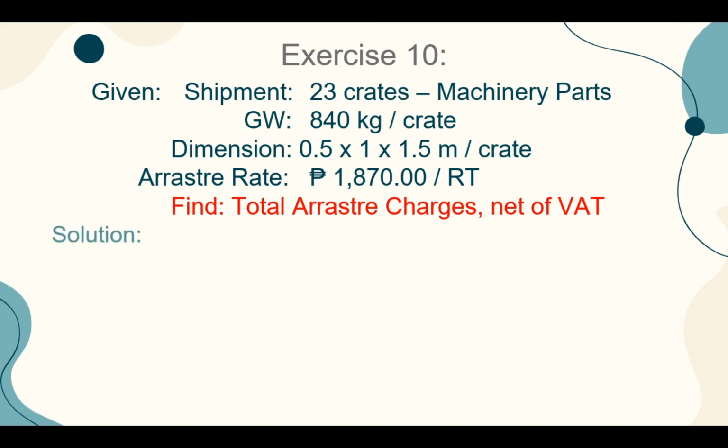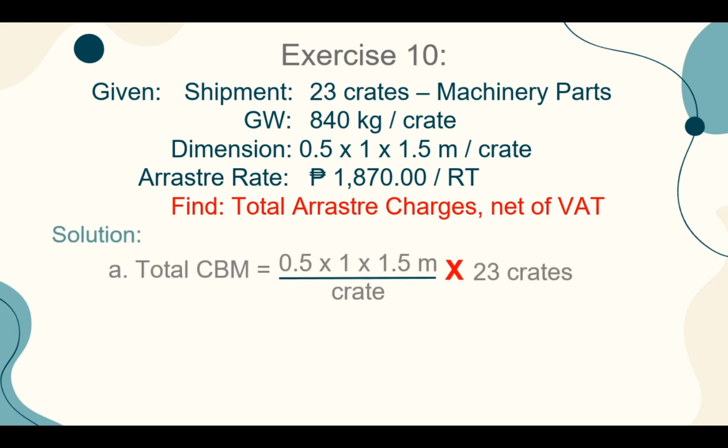Alright? So, solution, first muna yung total CBM. Ano ba yung given natin sa dimension? 0.5 by 1 by 1.5 meter per crate. I-convert natin siya into CBM. Ilan bang crate meron tayo? 23 crates. And then, cancel out same units.